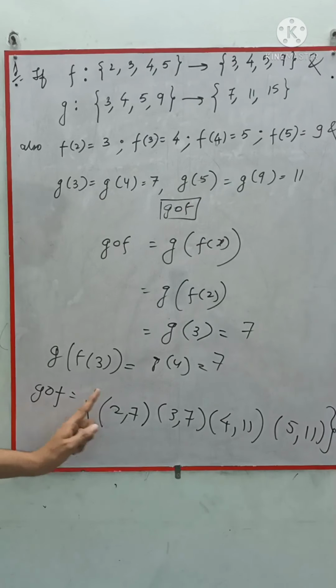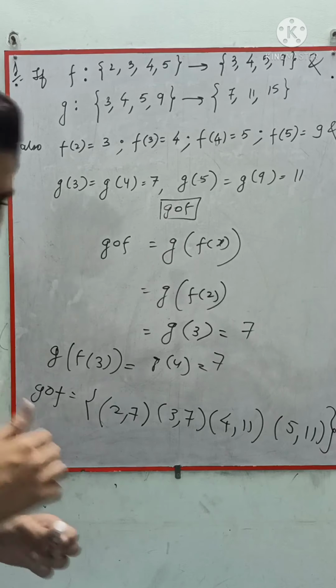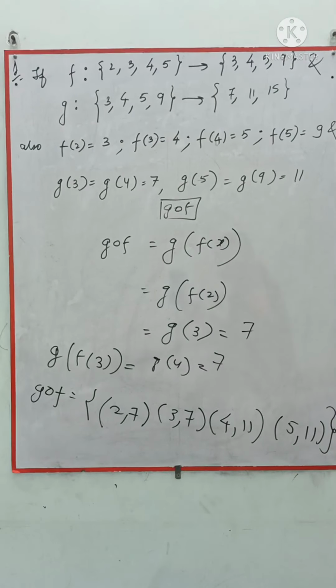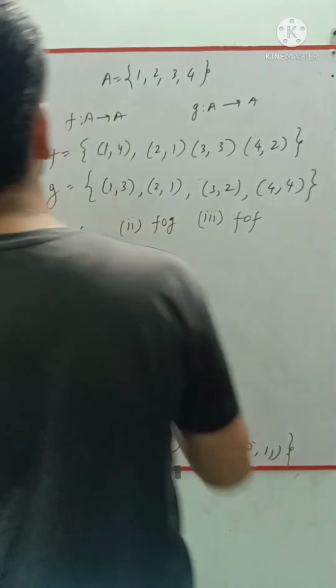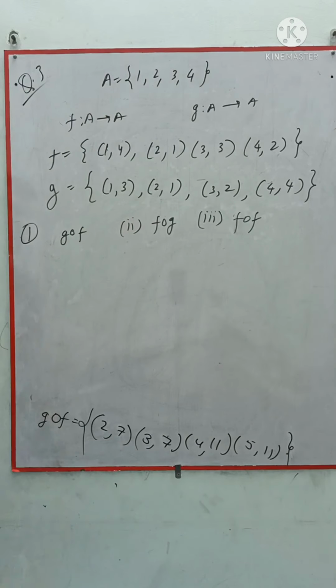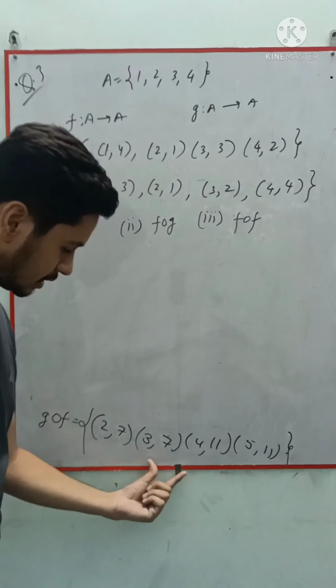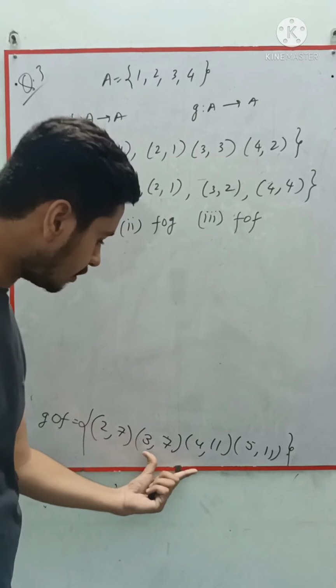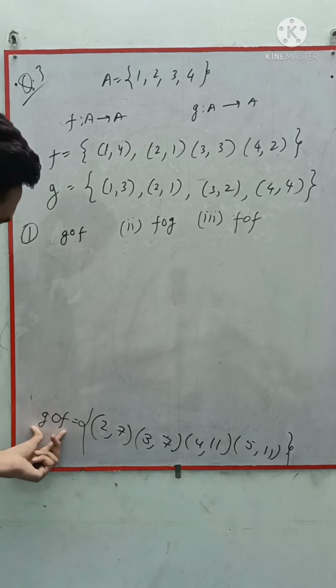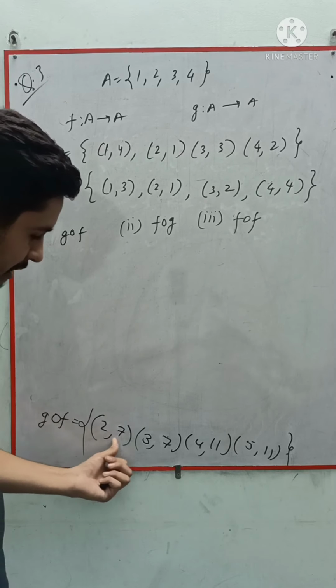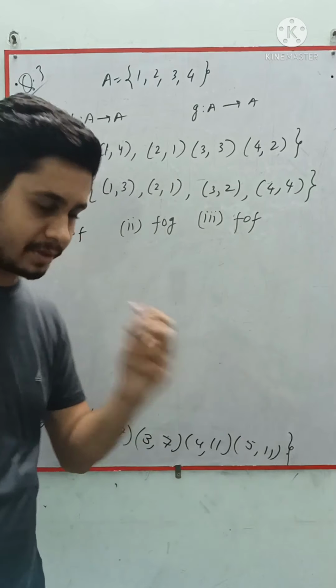So this was g o f. Okay, did you understand? Now let's do the next question. Just see here, this is the third question I've taken from your exercise. I have not rubbed this because I want to show something from here. Your g o f was 2, 7, 3, 7, 4, 11, 5, 11.